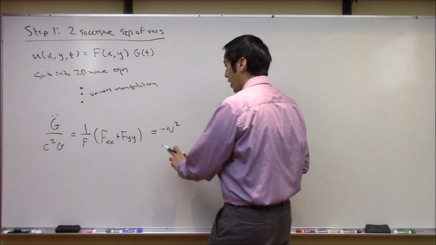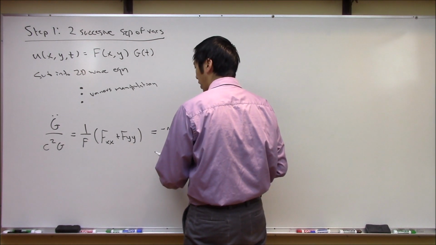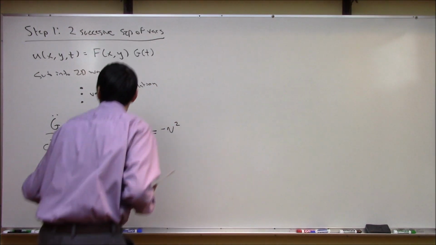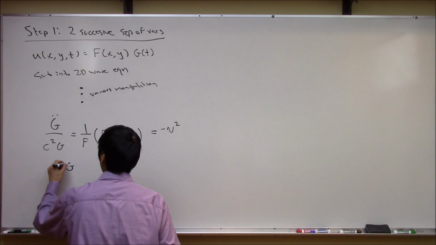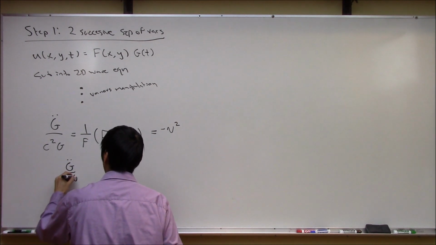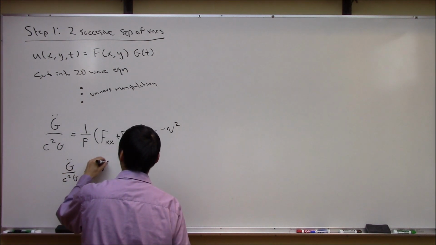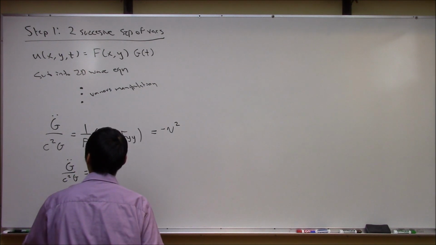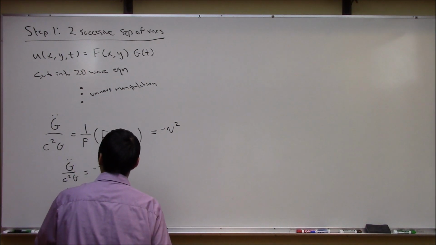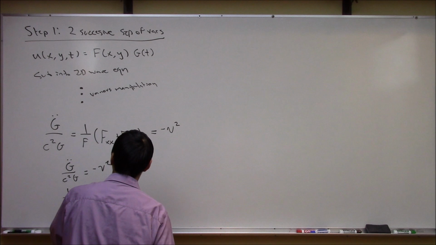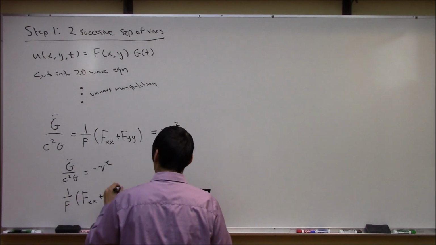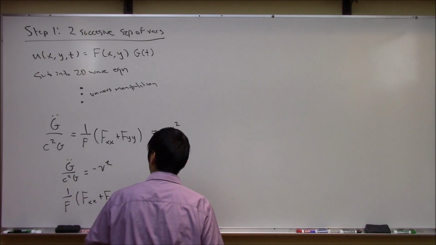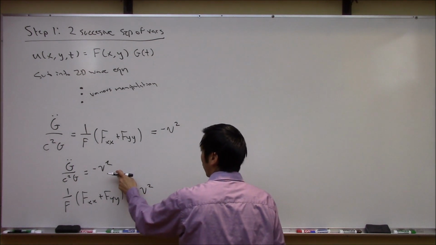What we end up with is basically 2 differential equations. g double dot over c squared g has got to equal negative nu squared, and similarly 1 over f times (f_xx plus f_yy) has also got to equal negative nu squared. So why don't we rewrite these here?